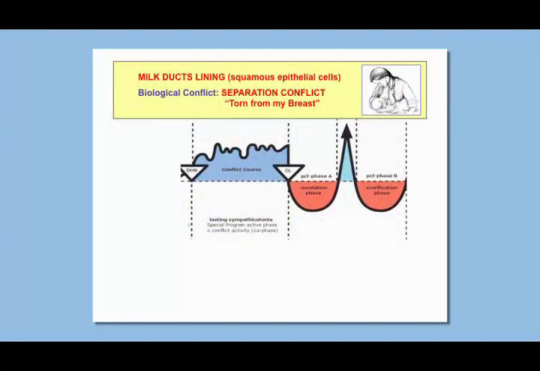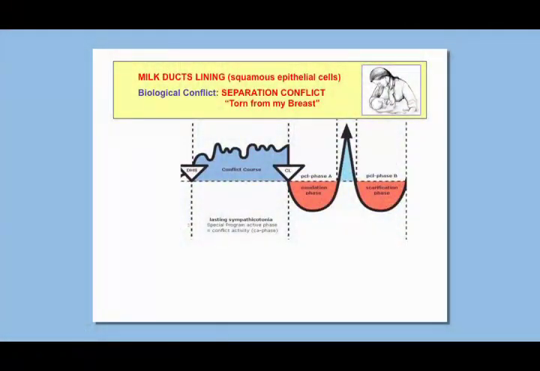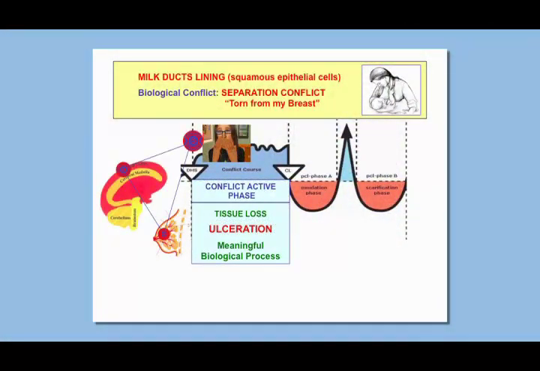So the biological, psychological feeling behind this is: I can no longer nurture you, I can no longer care for you, you're torn off my breast, and the program runs its course. So how does it work? The moment the conflict occurs, the conflict impacts in the area of the brain that controls the lining of the milk ducts, and the program is switched on.